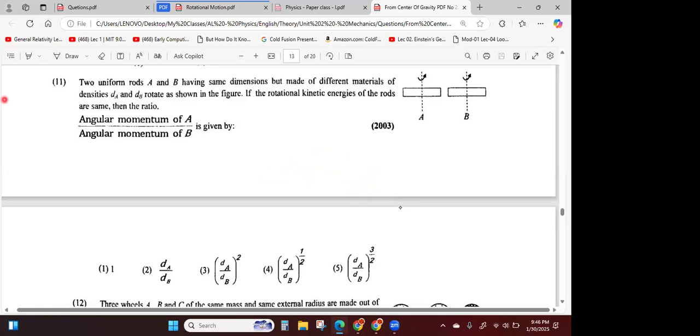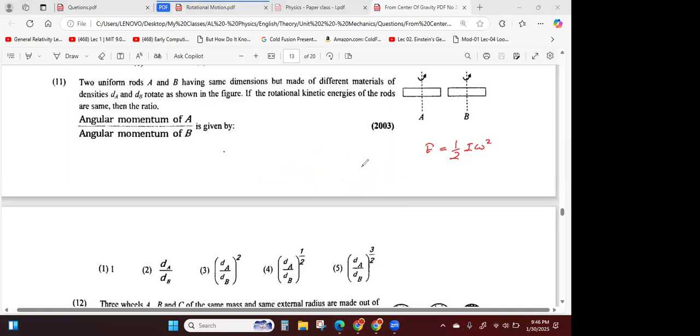Okay, so here it says the kinetic energies are the same and we want the ratio between the angular momenta. So I write the kinetic energy. What is the rotational kinetic energy? That is given by half I omega squared.